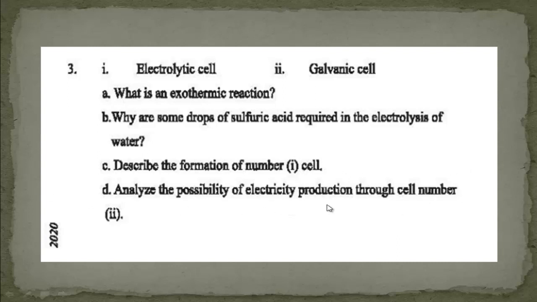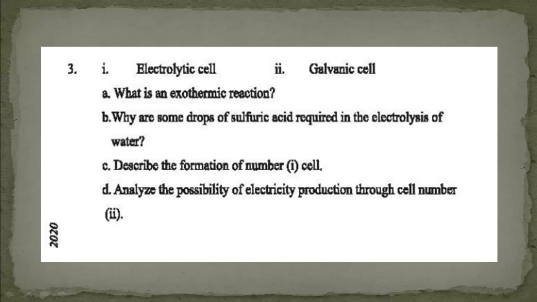Analyze the possibility of electricity production through cell number 2. Yes, we know that a galvanic cell is an electrochemical cell where chemical energy is converted into electrical energy. How? Because inside the galvanic cell, when the chemical reaction occurs, there is an exchange of electrons for the redox reaction, and electrons flow from anode to cathode, and we know that the flow of electrons means electricity.